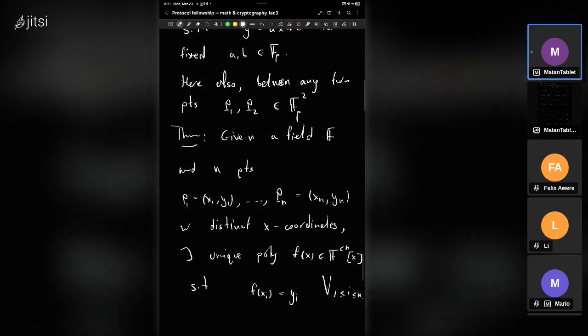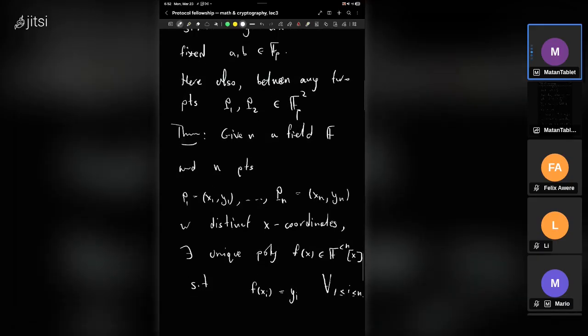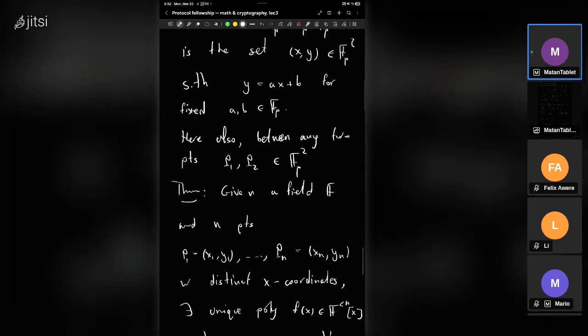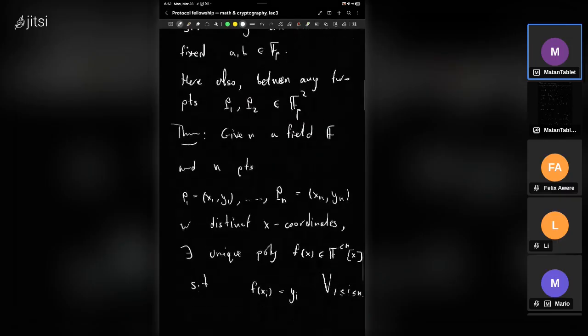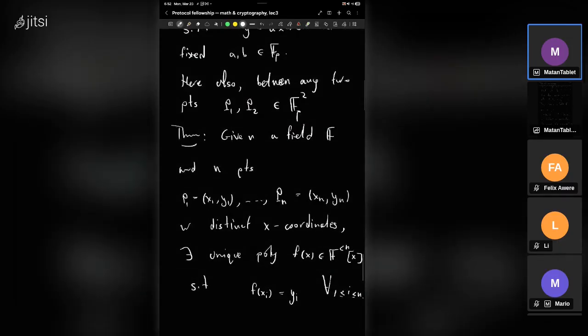And the proof of this theorem, which I will not do, is basically that you write n equations in n variables and you find out that there exists a unique solution. The unique solution is the coefficients of your desired polynomial f. And moreover, there is a formula.